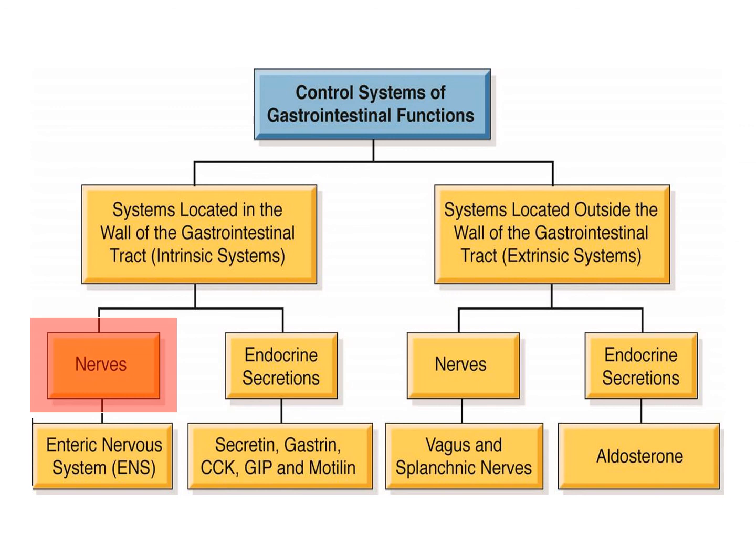A system that's located inside the gut wall and a system that's located outside the gut wall. Each of these systems contain nerves and endocrine secretions. We talked about the nerves of the intrinsic system, the ENS and the ICCs. Today, we will be talking about the nerves of the extrinsic control system.